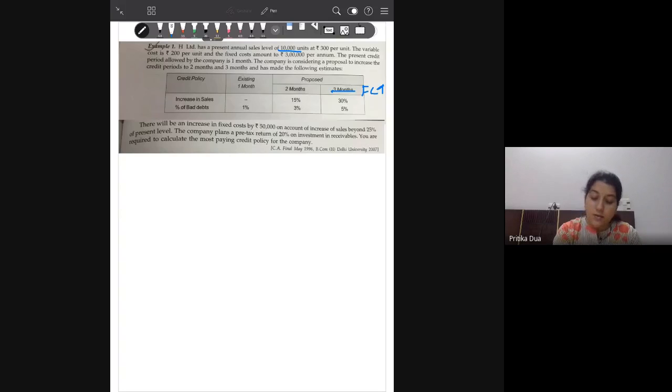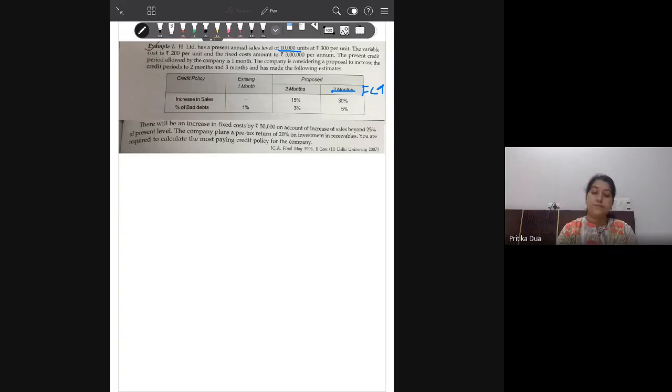So you are required to calculate the most paying credit policy for the company, which means existing, then proposal 1 and proposal 2.